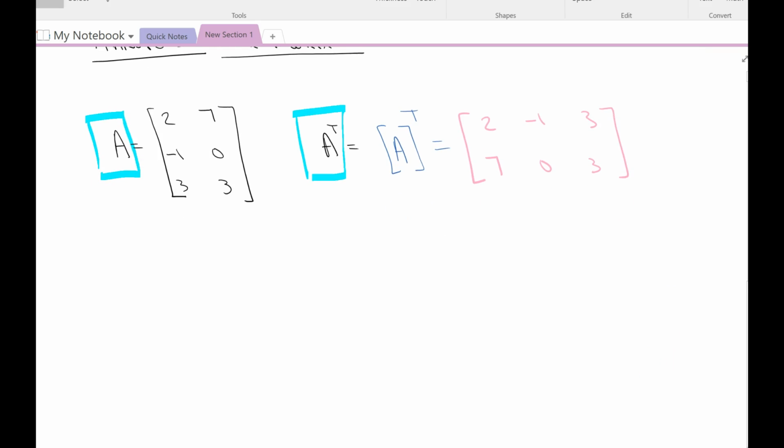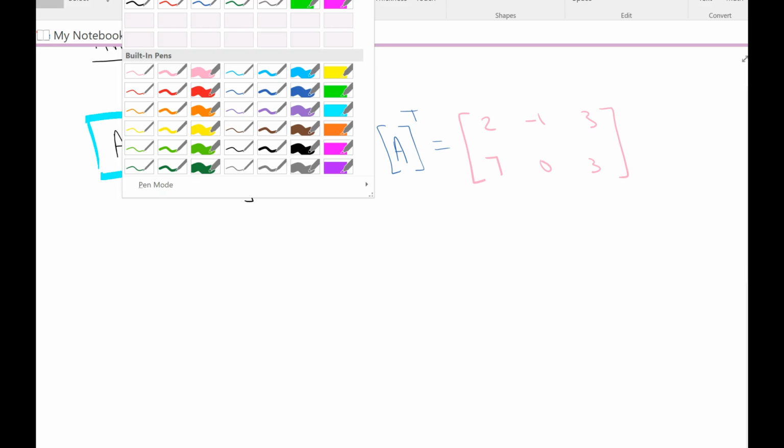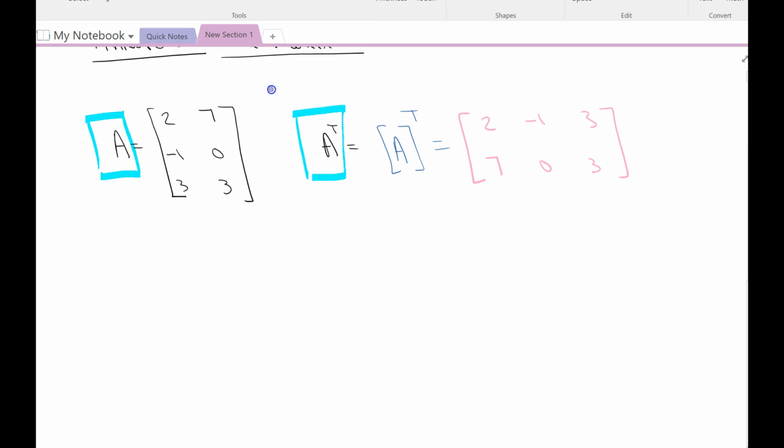Some interesting little tidbits: the whole world of matrices is kind of fascinating once we get past this initial stuff. We're only in our first couple of days of the course, but what's interesting is some patterns happen.